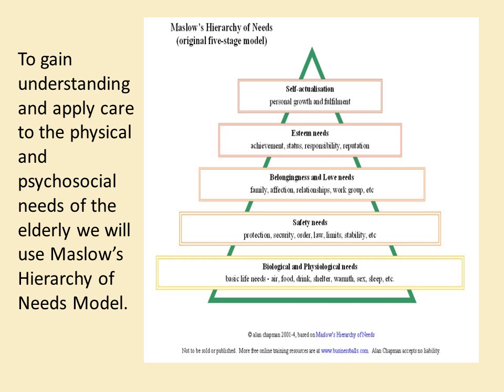So, for example, under biological and physiological needs, which is our very first tier on the bottom, if somebody is short of breath or is in need of air, then there are things that we can do, such as making sure that they're positioned well, that they have oxygen, that it's working correctly, and anything there that we can assist for comfort.